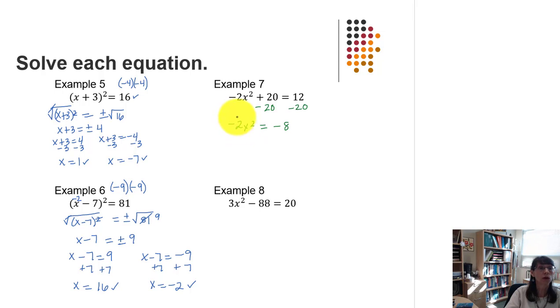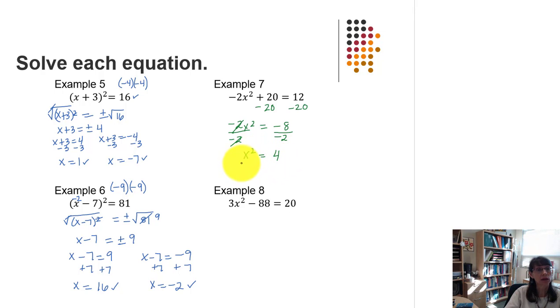So we'll need to also eliminate this coefficient of negative 2. And we can do that by dividing both sides of the equation by negative 2. So those are reducing, leaving x squared now equals positive 4, because a negative divided by a negative makes positive 4.